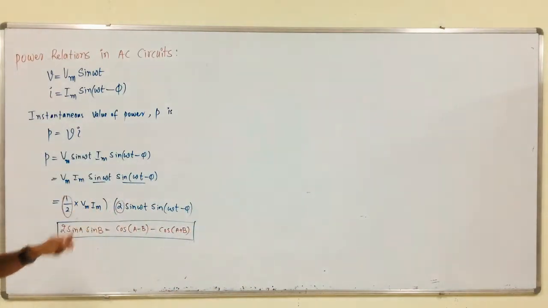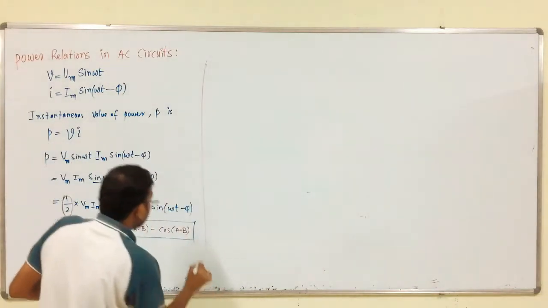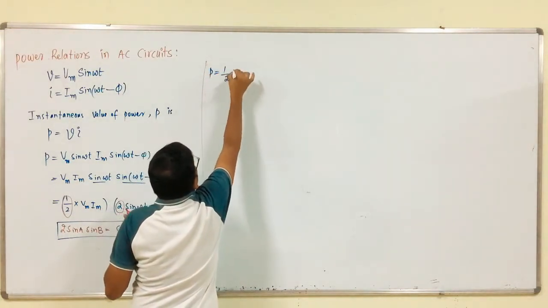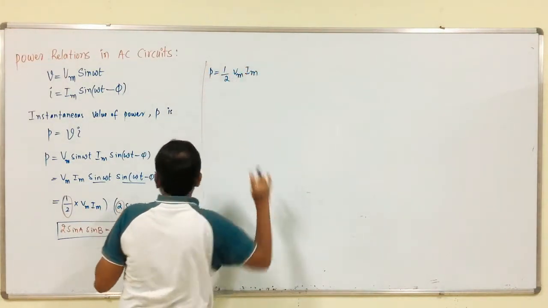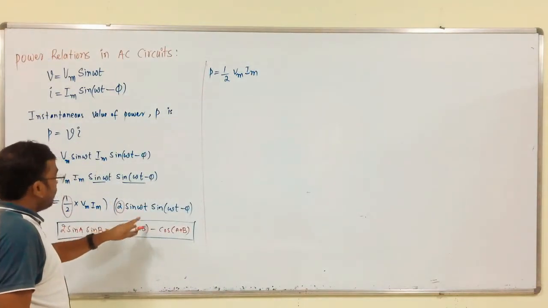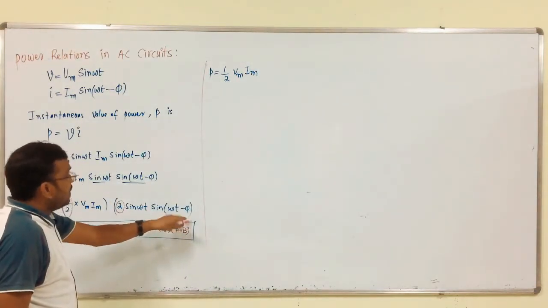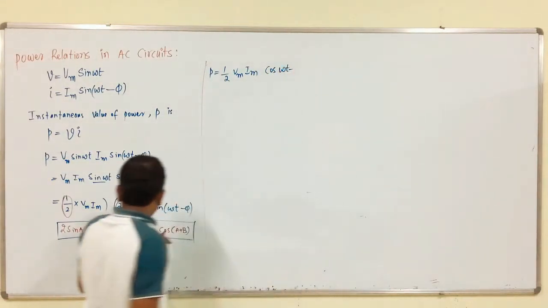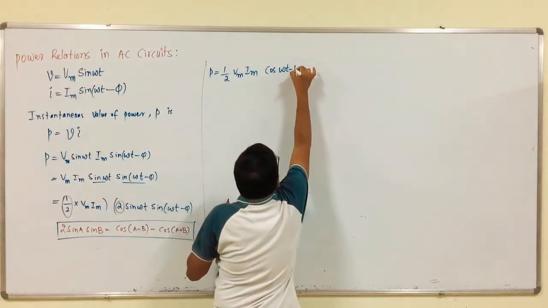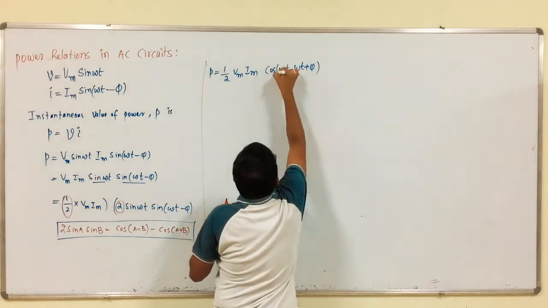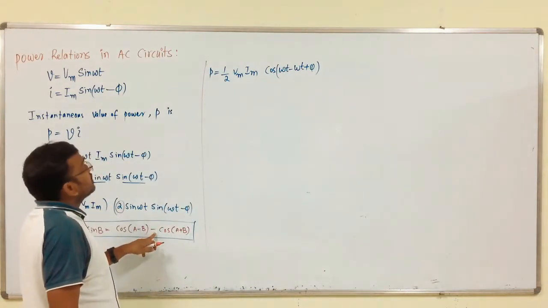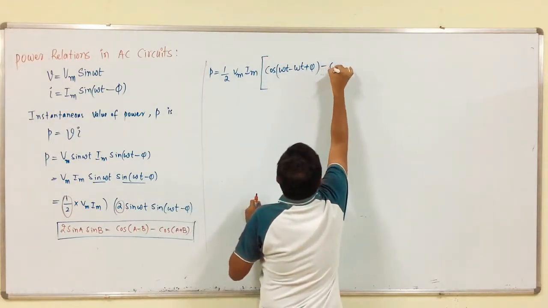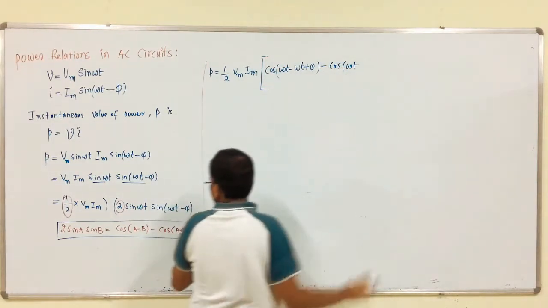Now p is equal to half Vm Im, and we have to write cos of (omega t minus omega t plus phi) minus cos of (A plus B).